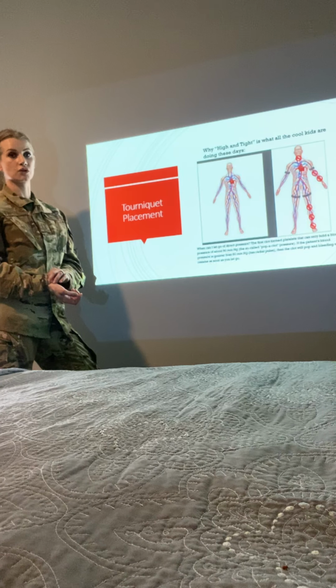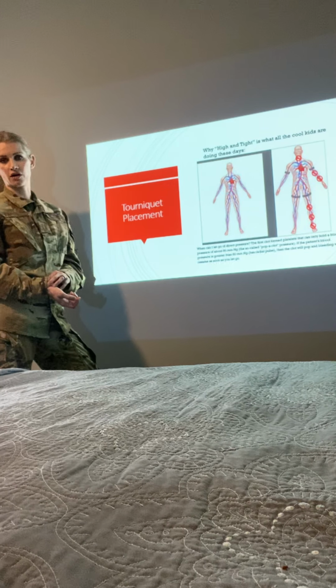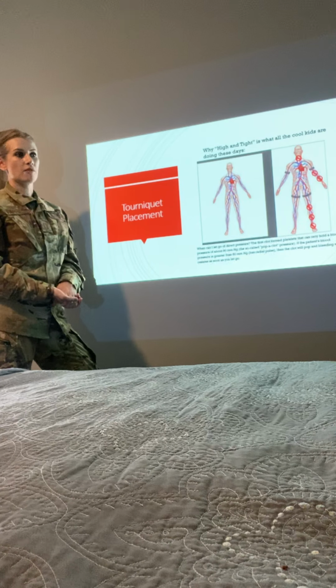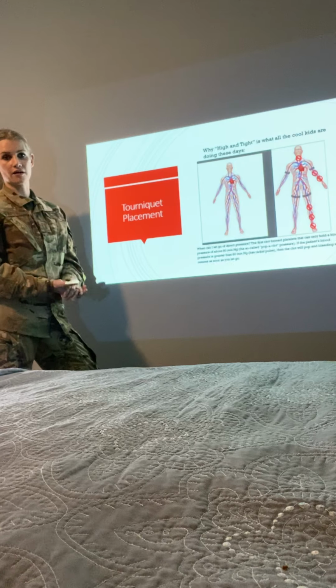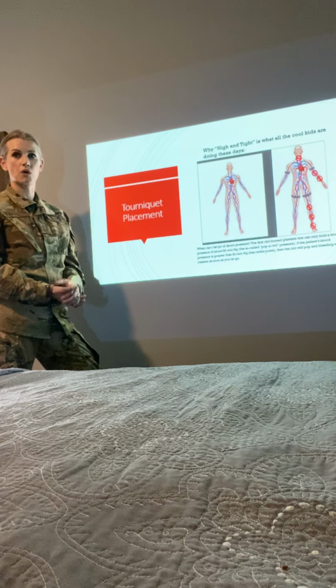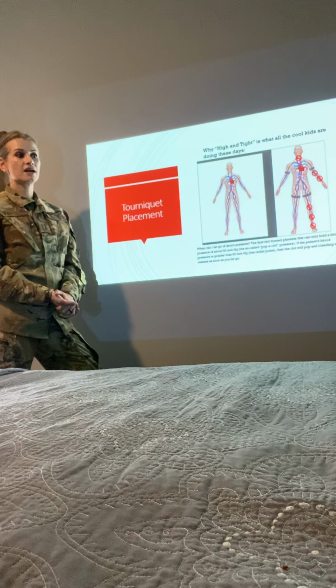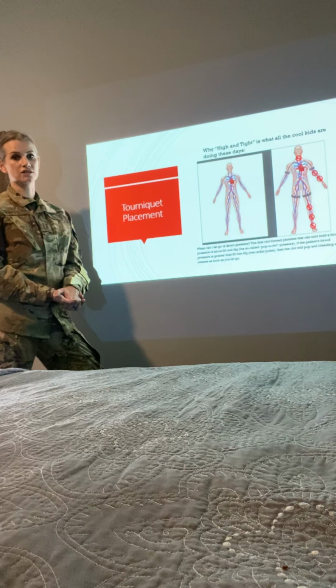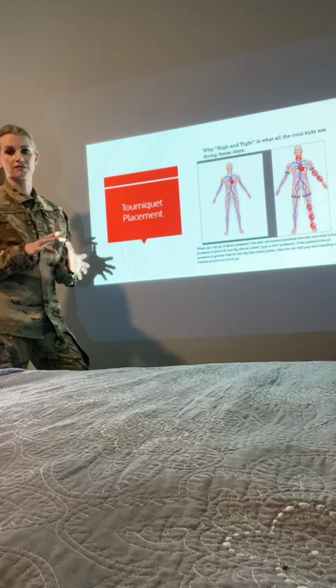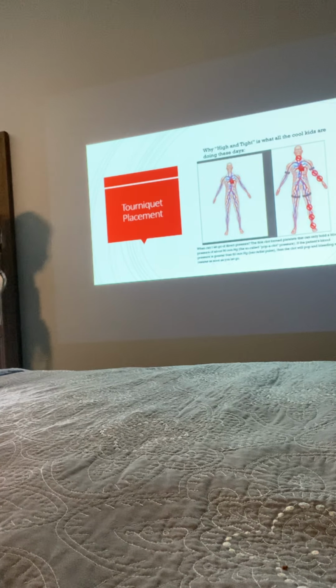If you're able to feel a radial pulse, chances are you have at least 80 millimeters of mercury going to that extremity. It's another good thing for shock to know, because if you don't have time or the ability to get a blood pressure, and you can find a distal pulse, chances are their blood pressure is at least 80. So generally that's enough to get you where you need to go.